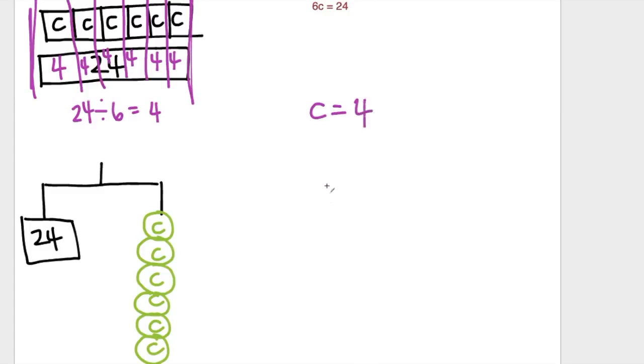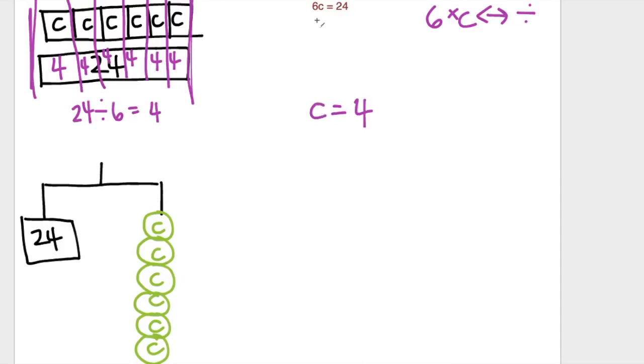The way you would solve this algebraically, so without this tape diagram, is that you would see that 6 is being multiplied by c. So the opposite would be to divide. Multiplication and division are inverse operations.